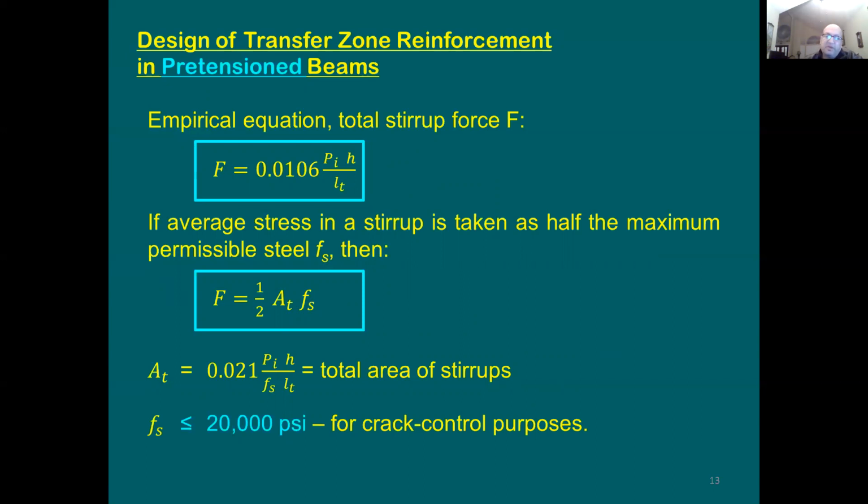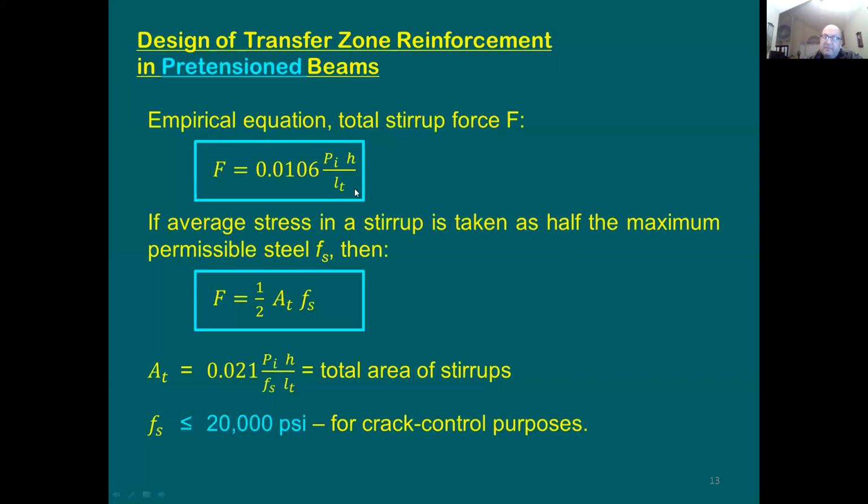He came up with this equation on the top. It says that the force in the stirrups, like a vertical force, is going to be equal to nearly 1% of PI, the initial pre-stress, times H divided by L sub T.